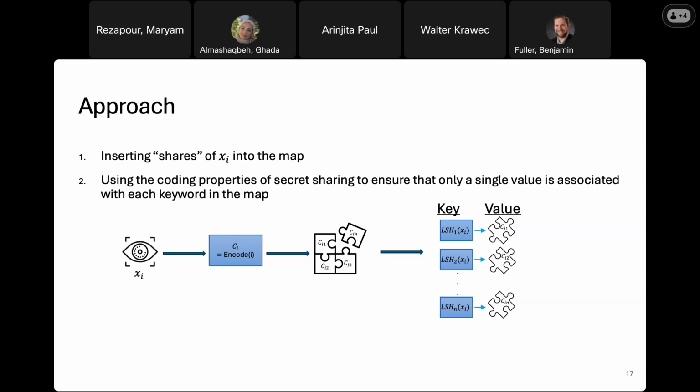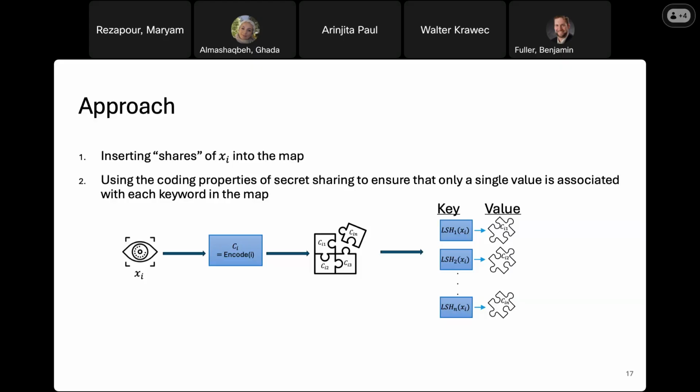Then instead of associating each LSH evaluation to the index, we associate the LSH evaluation to the shares of the index code word. So LSH1 of xi would be associated to the first symbol of ci, LSH2 to the second symbol of ci, and so on through to LSHn. We do this for all the M records in the data set.